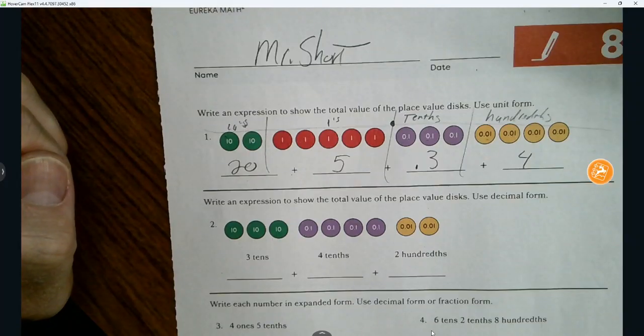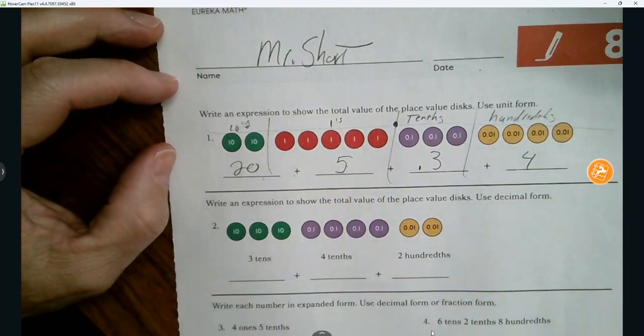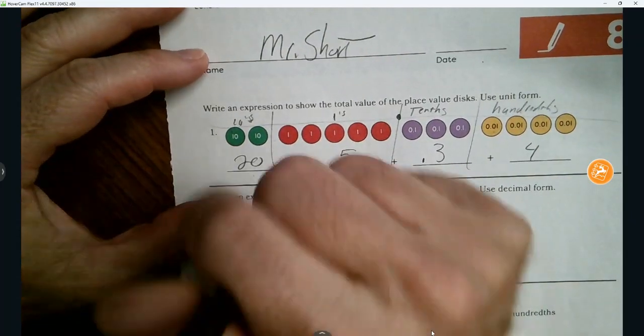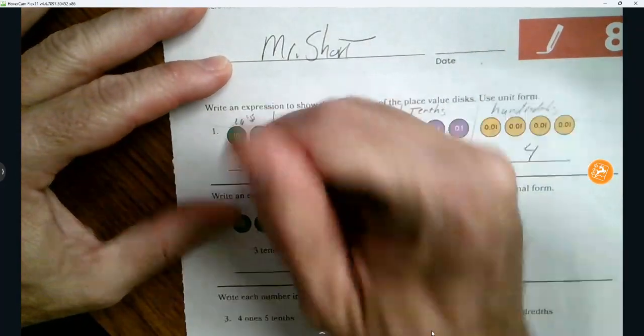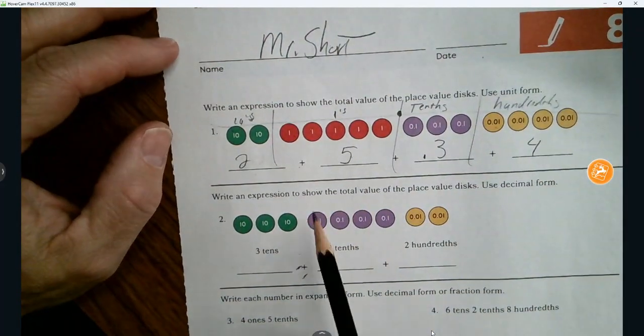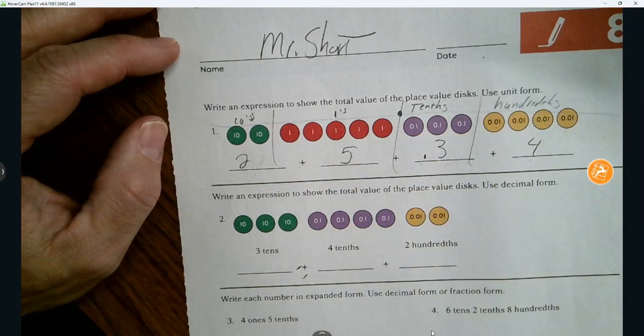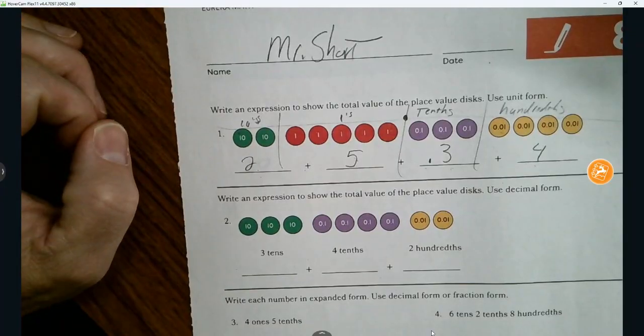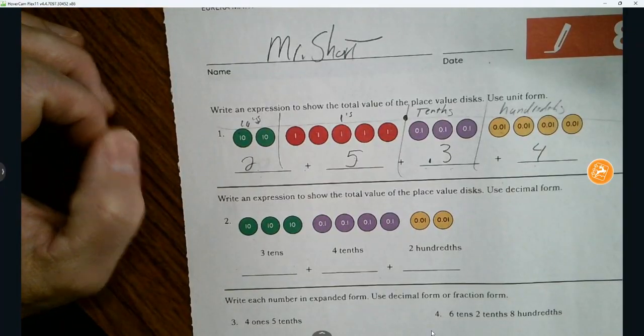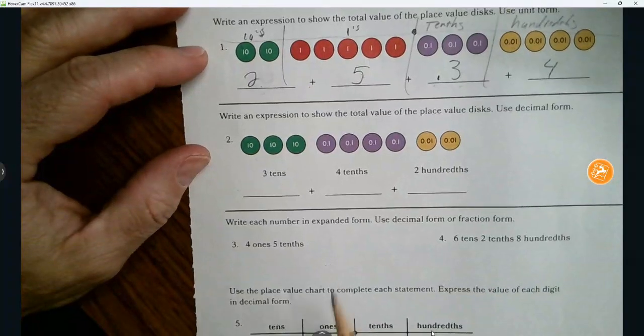That's our number. But I don't like how it shows that. I think I'd rather do this. 2 tens. So if we wrote our number, it's 25.34. Okay? 25.34.